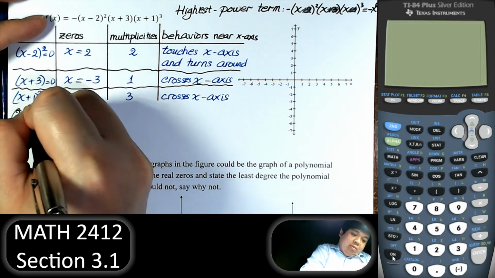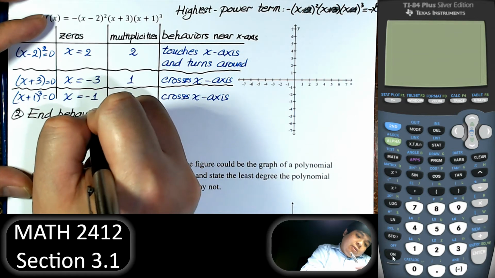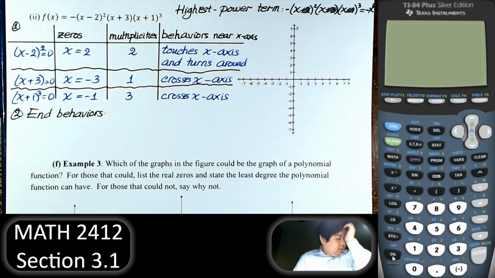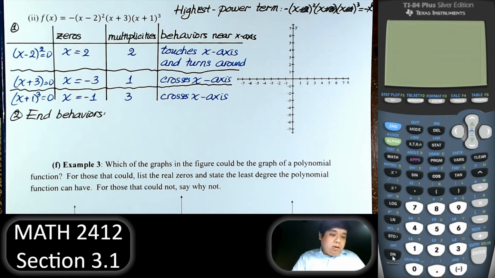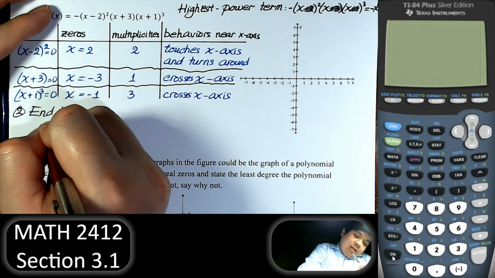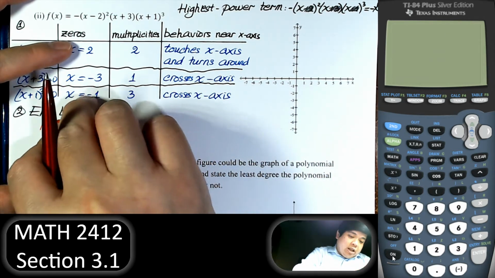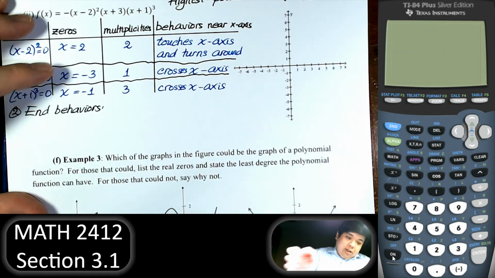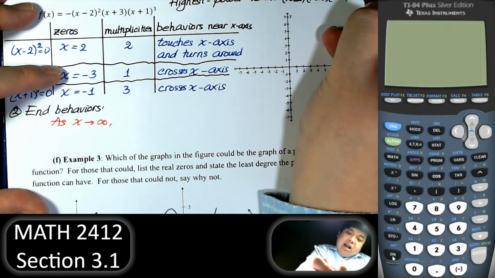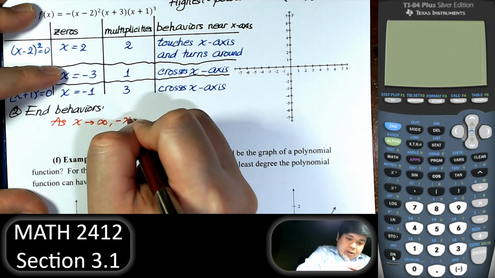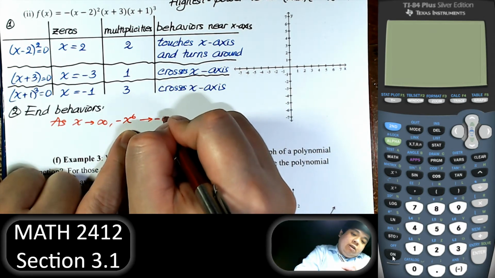Next, we have the end behaviors. Right, the right end is where x goes to infinity. So as x goes to infinity, look at the highest power term. If x is positive, this will be negative.